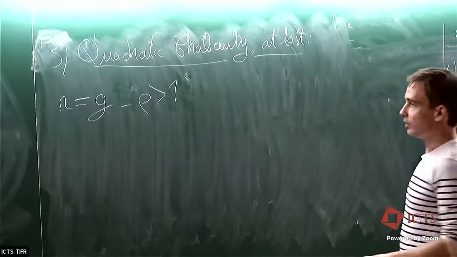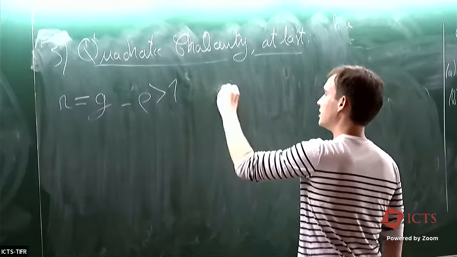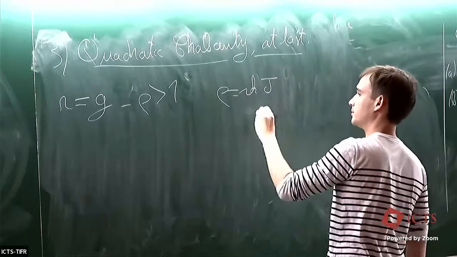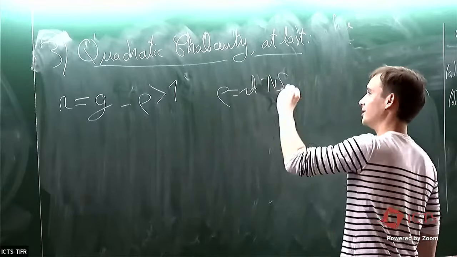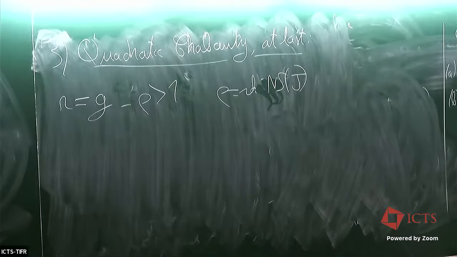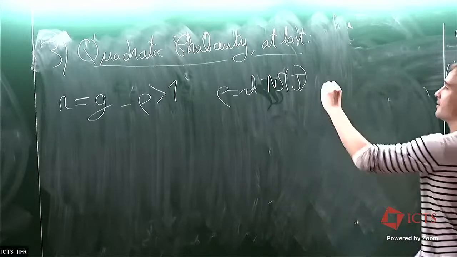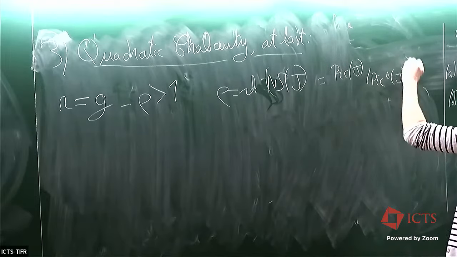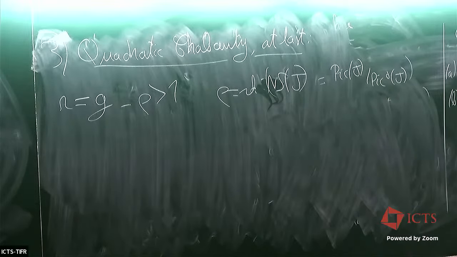If you remember, what is rho? Rho is the rank of the Jacobian, sorry, of the Jacobian here. All right, and this is our group carried by x0.